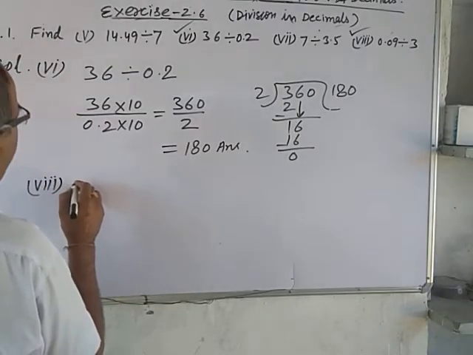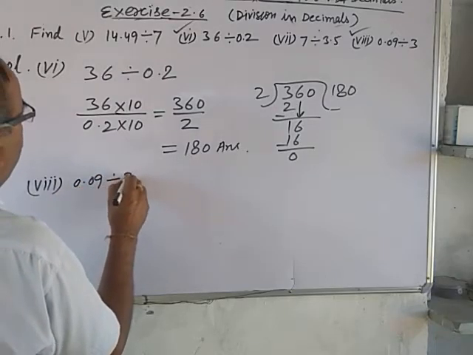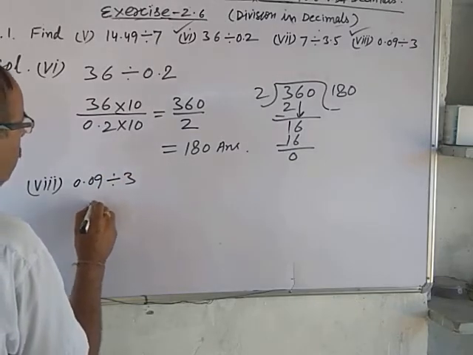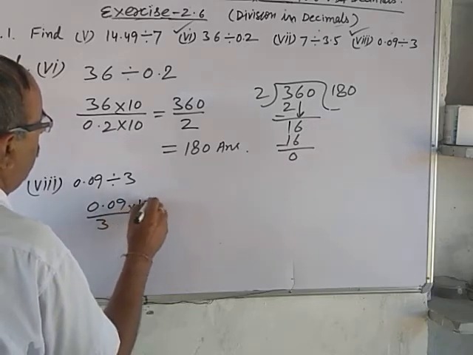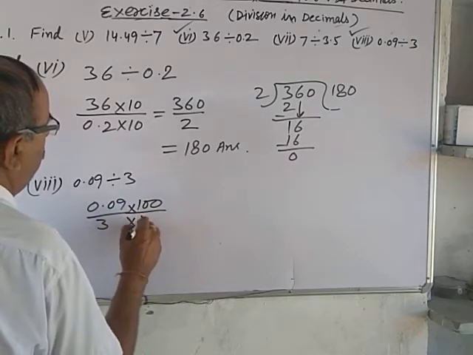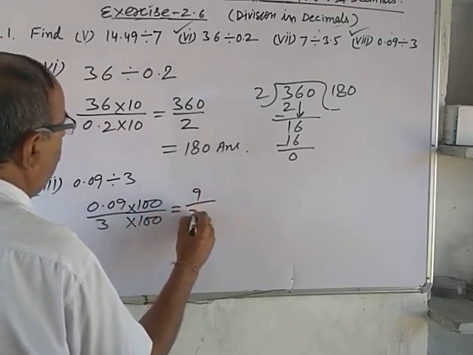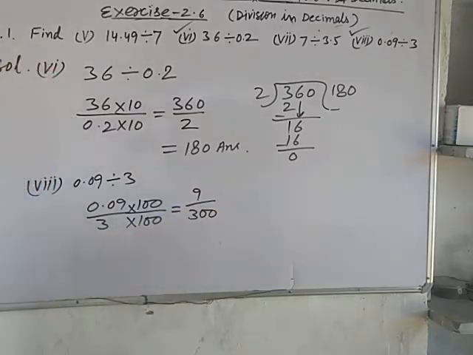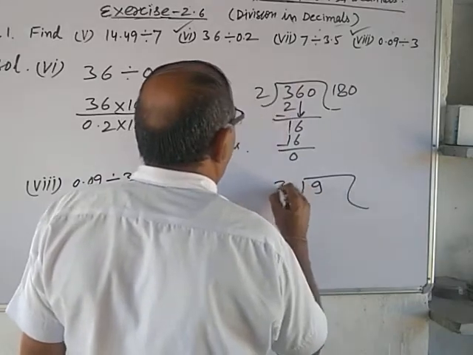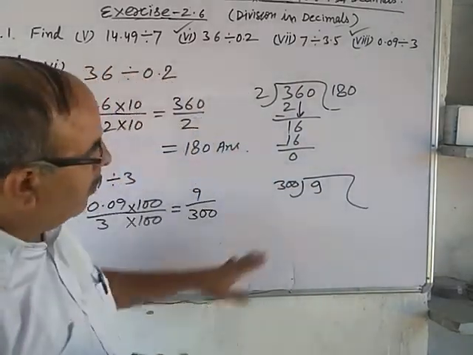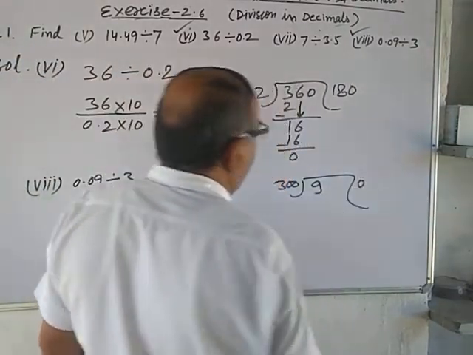Question number 8 is 0.09 divided by 3. We write it 0.09 upon 3 multiplied by 100 and multiplied by 100 with the denominator. It becomes 9 and it becomes 300. We start the division. It is not divisible because 9 is less than 300. It becomes 0.